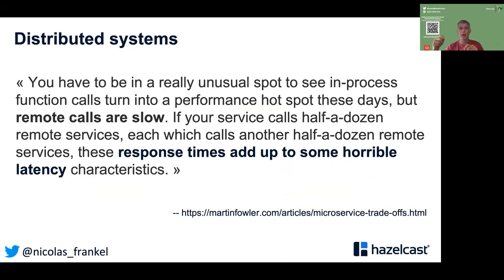Because if you are doing like 1 millisecond a call from your component A to your component B inside the JVM, then it might be 1 second, half a second in a network call. And it's only from one service to the other. Now, if you stack them up, it's going to be horrible.